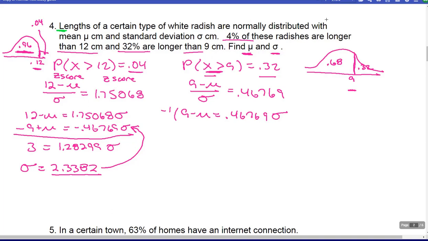Now what do I have to do to get the mean by itself? You have to add 9. So now just push plus 9. What's the mean? 8.4885.